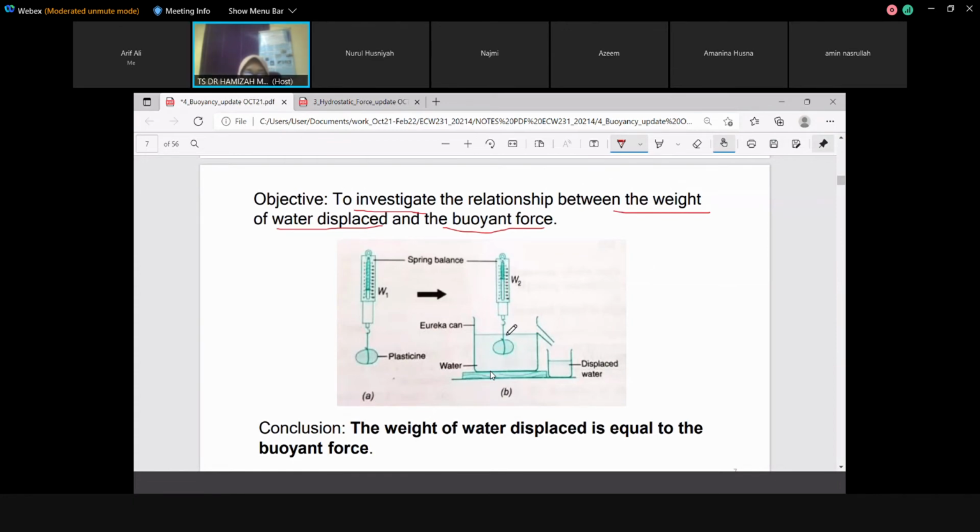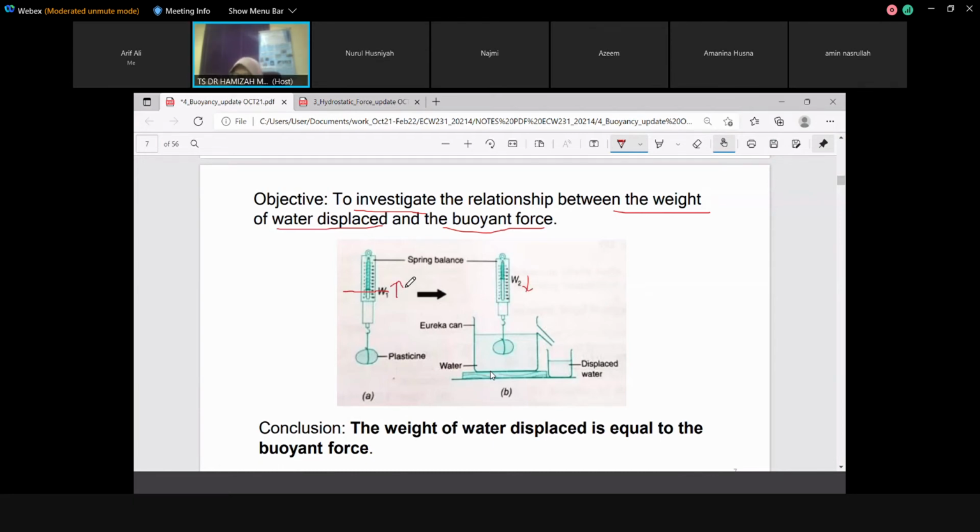So displacing fluid ni sama dengan volume of the object, plasticine. Okay, it represent by the displaced water. So you can see from the spring balance, bila dekat luar, berat dia tinggi. So masuk dalam air, berat decrease. The weight decrease. This is high weight.